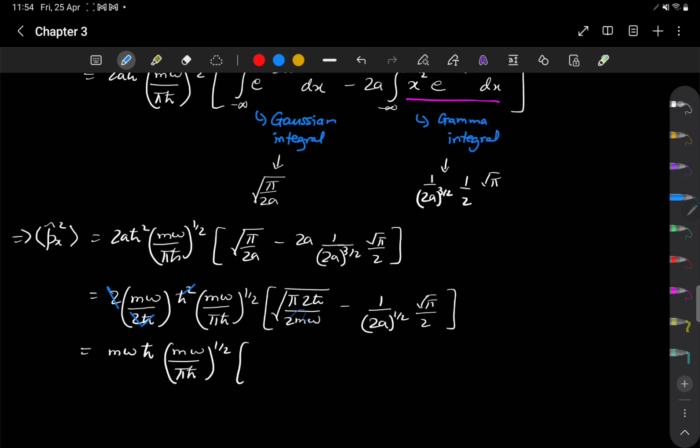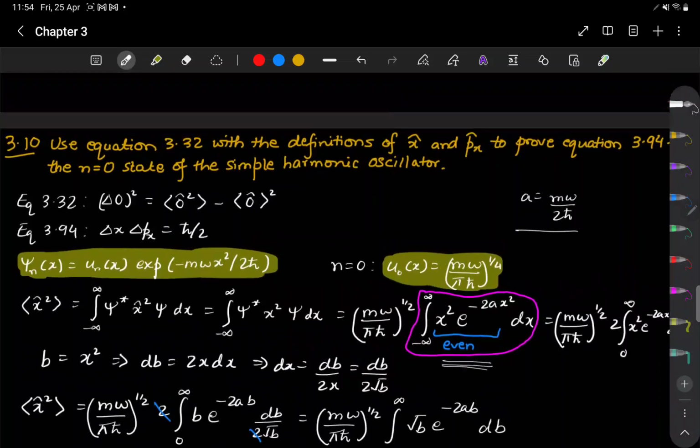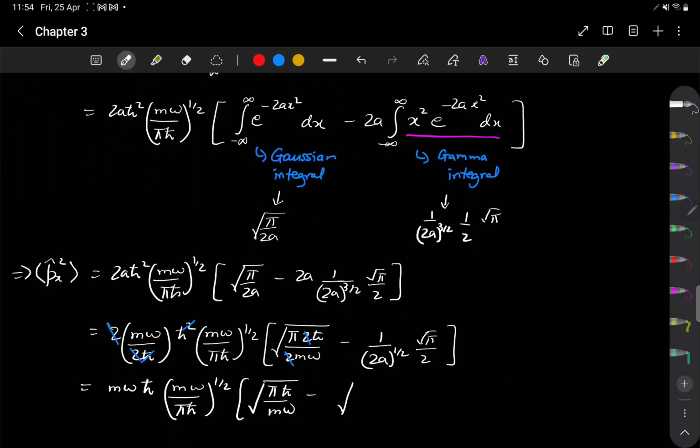And here also this 2 cancels. m omega over 2 h cross, right? Yeah.